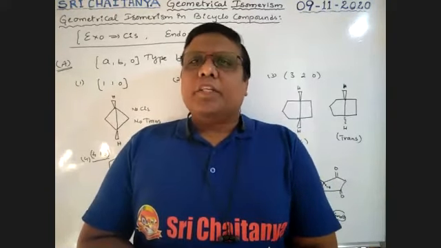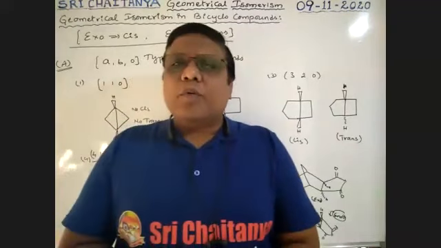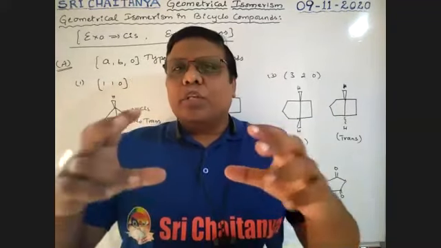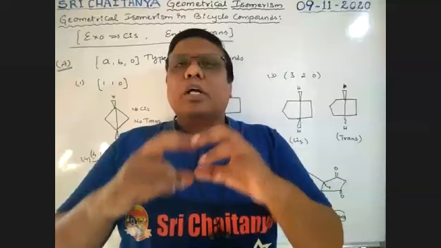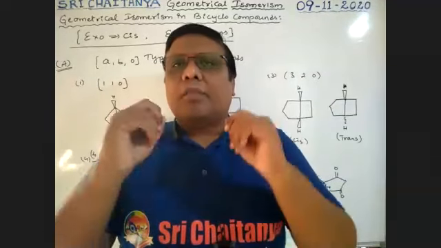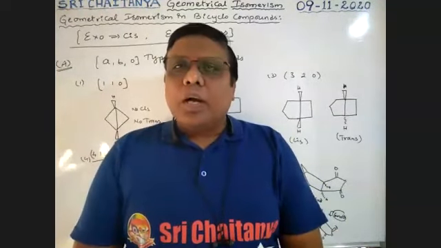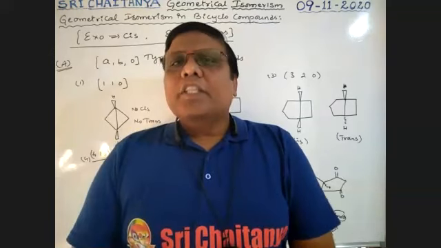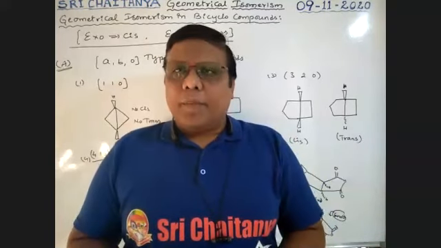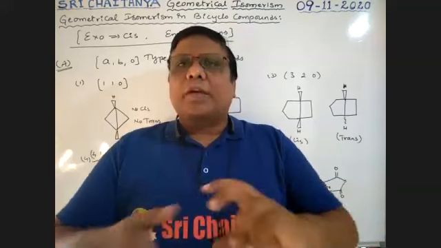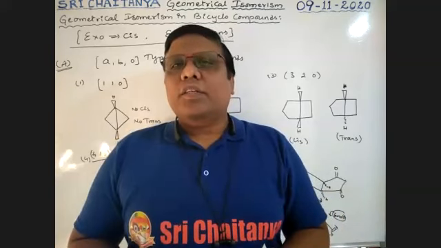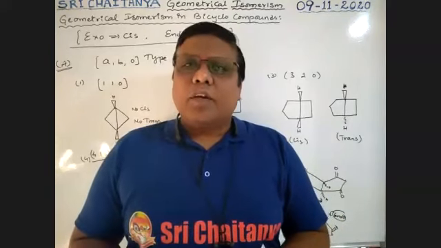What are bicyclo compounds? Bicyclo compounds are nothing but compounds where two rings are fused with two common carbon atoms. Spiro means one carbon is in common; at one carbon, two rings are joined. That is called spiro compounds.